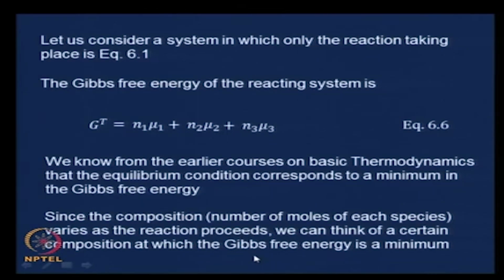The reaction is going to take place. When the reaction takes place with time, the number of moles of each species is going to change, and we already know from earlier that equilibrium occurs when the Gibbs free energy is a minimum. In other words, there must be some combination of moles of these species involved in the reaction at which the Gibbs free energy turns out to be a minimum. That is the whole basis of the argument here.